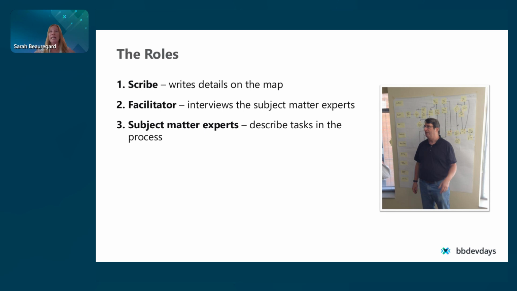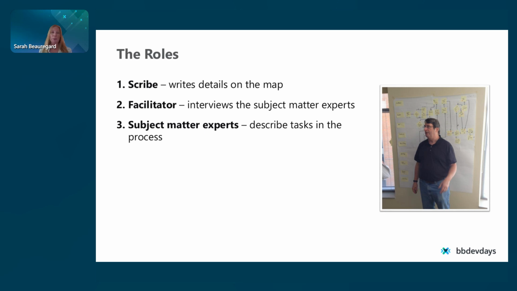We're going to first start with identifying the roles that are going to help us create and participate in our process mapping experience. Here are the primary roles that you'll want to consider as part of your process mapping experience. The first is a scribe. This is the person who's actually going to write the detail on the map, developing the process map. Then we have a facilitator.